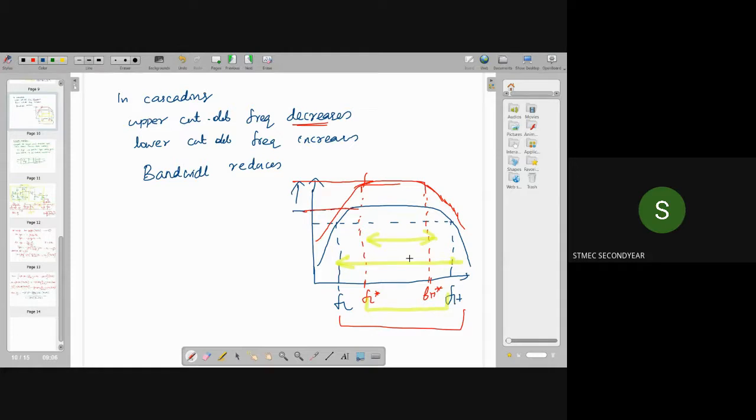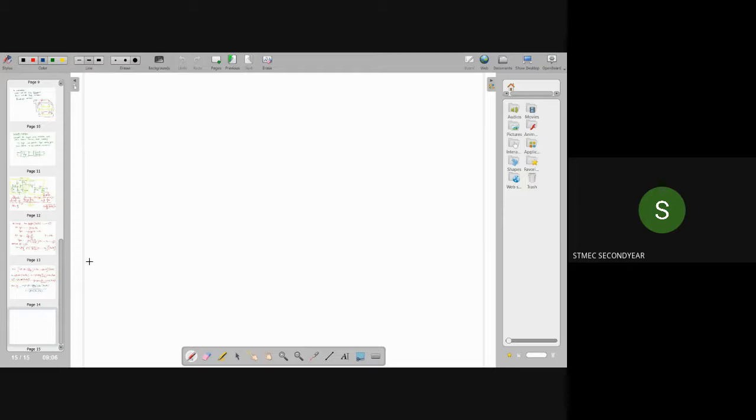Okay, but our bandwidth reduces from this to this value. So this is the one trade-off in cascade amplifier, that is gain increases as the number of stages increases, but bandwidth gets reduced.